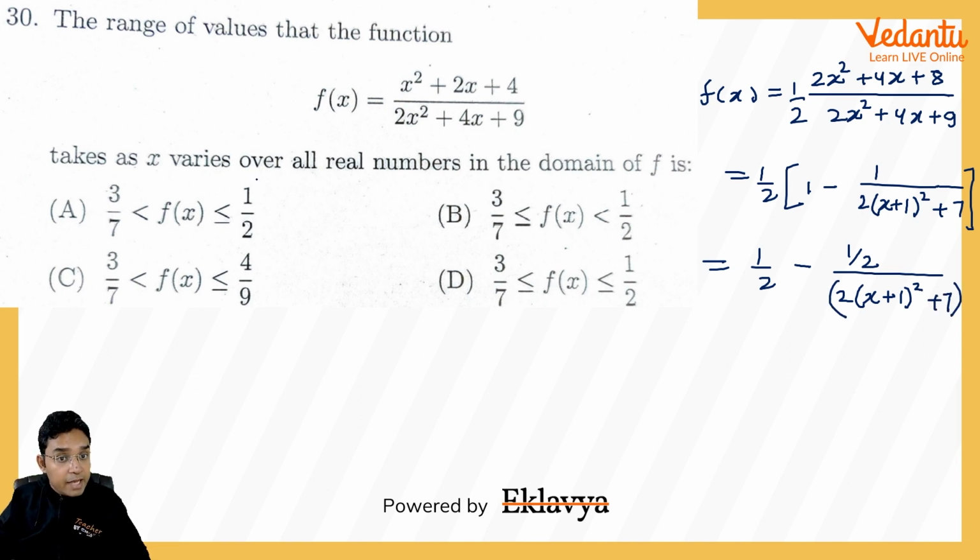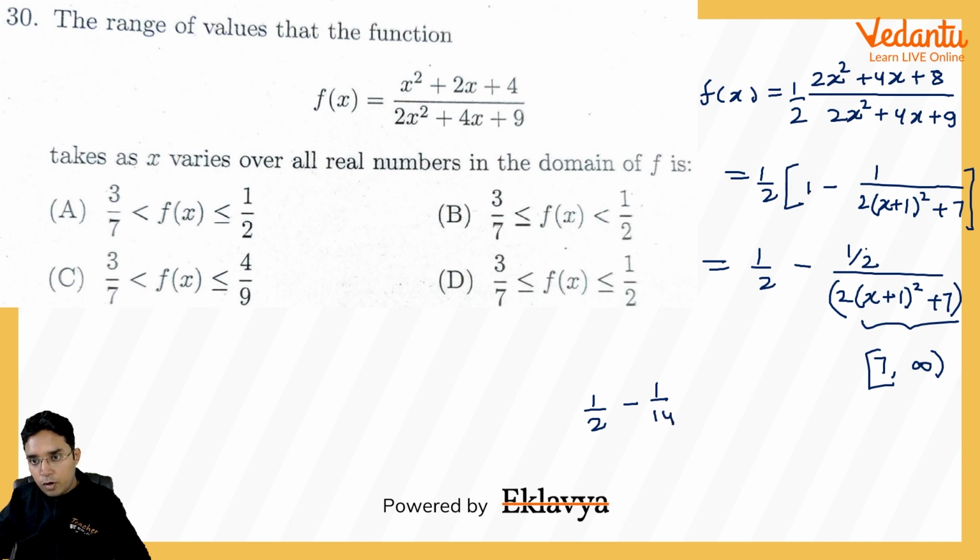Now, as x varies over all the real numbers, you can check this bracket here will be taking values from 7 to infinity. When it will be 7, this is the minimum value of this. So one extreme of this function will be when it is 7, and this will be 1 upon 2 minus 1 upon, I think it will become 14, which becomes 7 minus 1, 6 upon 14, that is 3 upon 7.